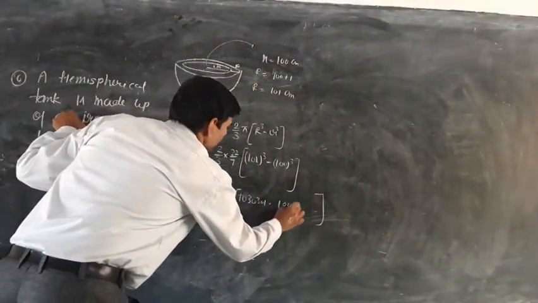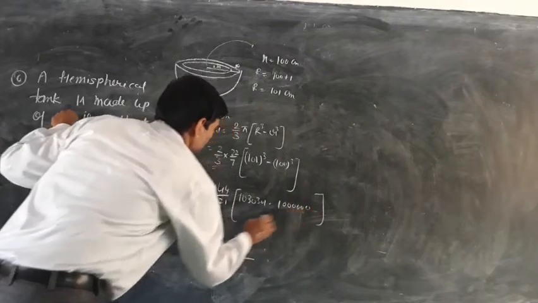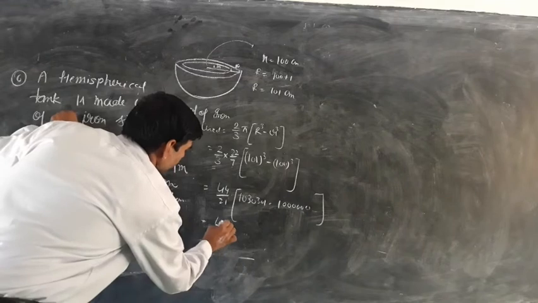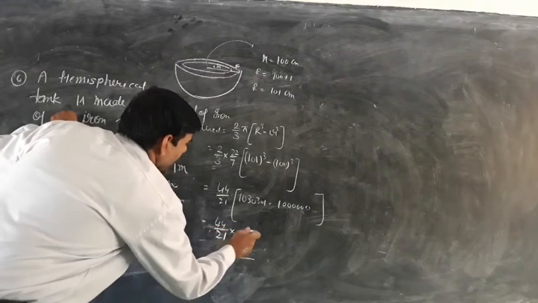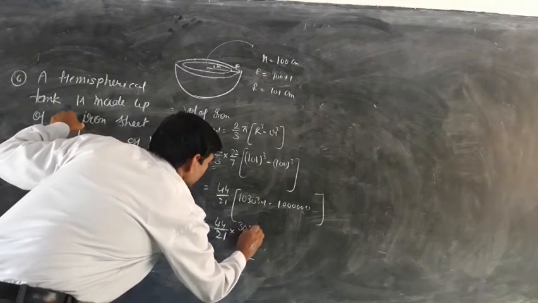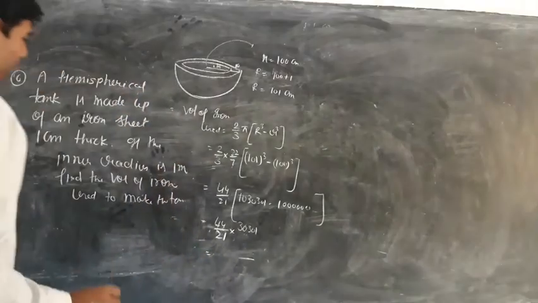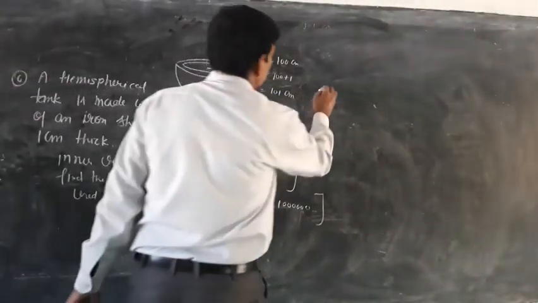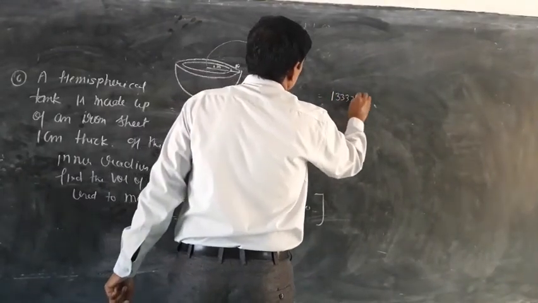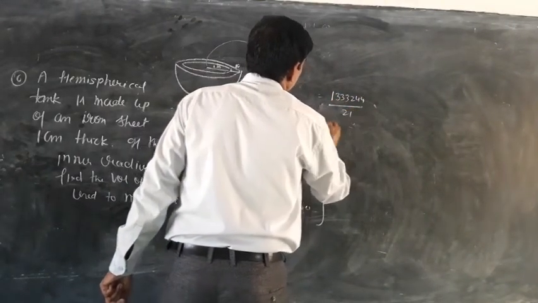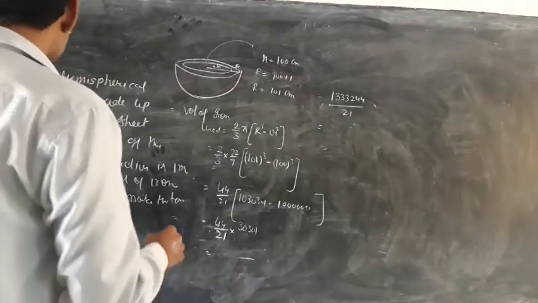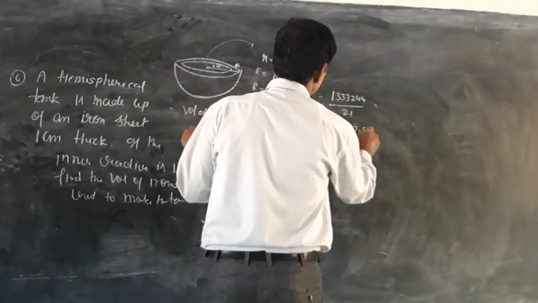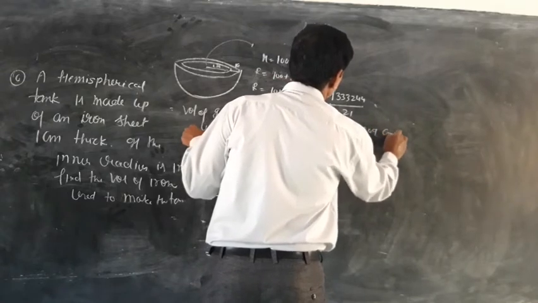That is 1030301 minus 1000000, that is 30301. So 44 upon 21 into 30301. 44 into 30301 is 1333244, divided by 21, that is 63487.809 centimeter cube.